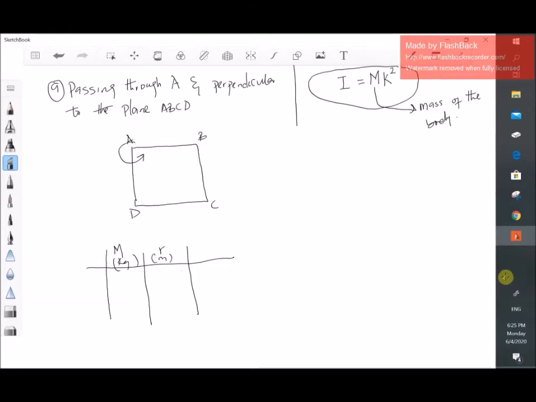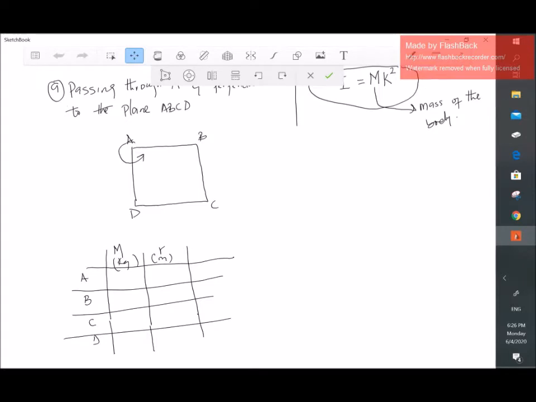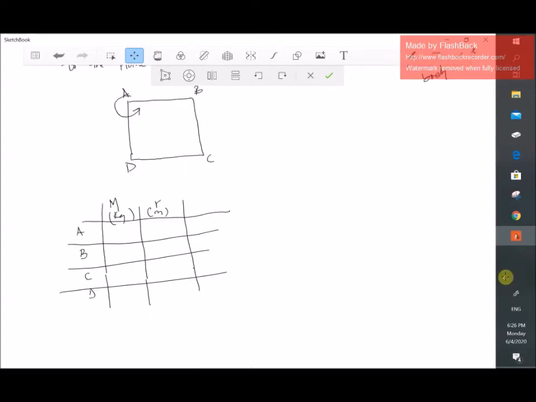Here are my masses: mass A, mass B, C, and D. The mass at point A is 1, at point B is 2, at point C is 3, at point D is 4.